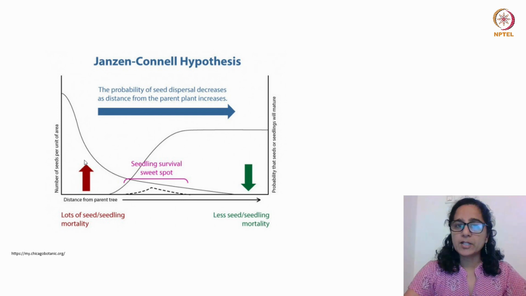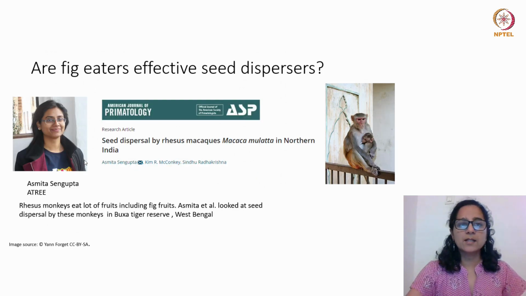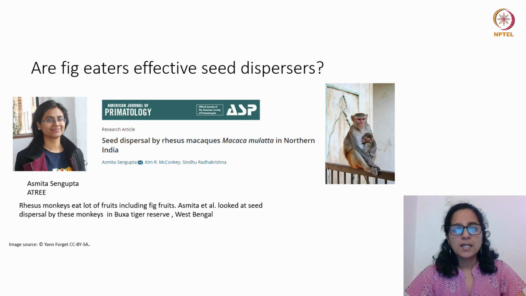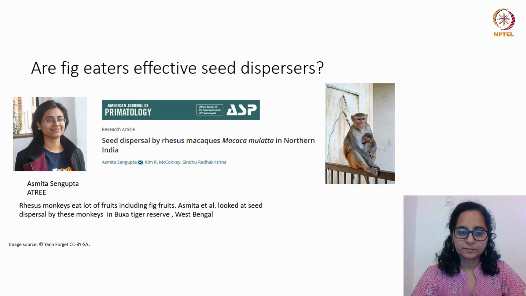So we will look at whether this is actually true by looking at case studies. Okay, now let's look at this particular study conducted by Asmita Sengupta. She's in a place called A3 in Bangalore. She and her colleagues conducted a study on Rhesus macaques.